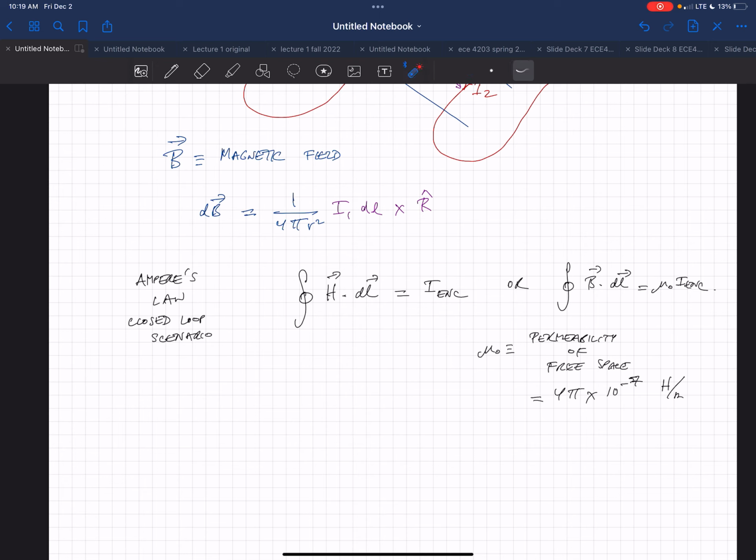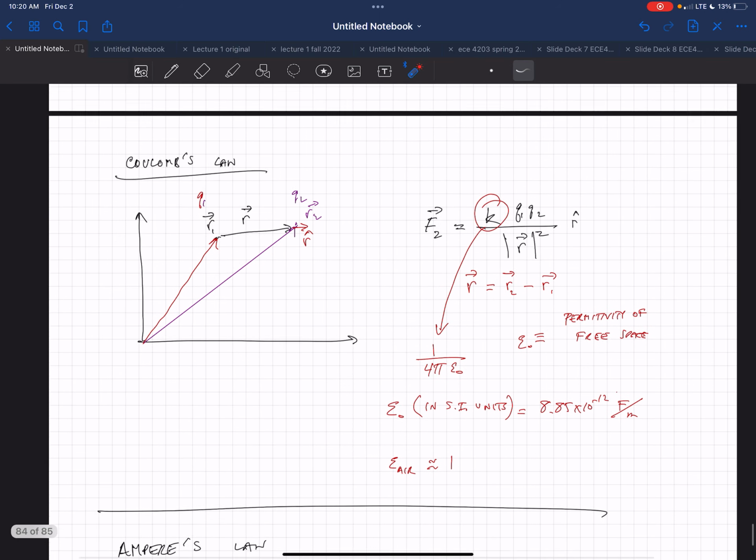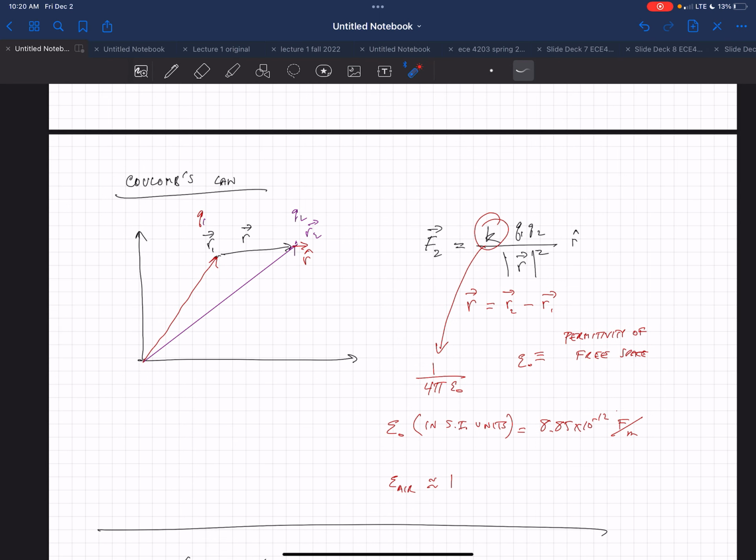Henry is a unit of inductance, so it's a hint that it's this magnetic field, magnetic flux that's leading to inductors or inductive phenomena. And same thing with the permittivity, at least in SI units, it's given in farads per meter, again a hint that it's the units of capacitance. So there's this relationship between electric field and capacitance in some way.